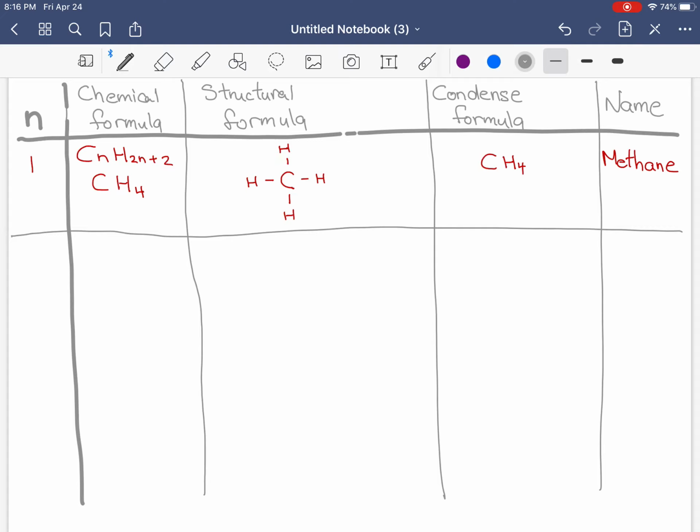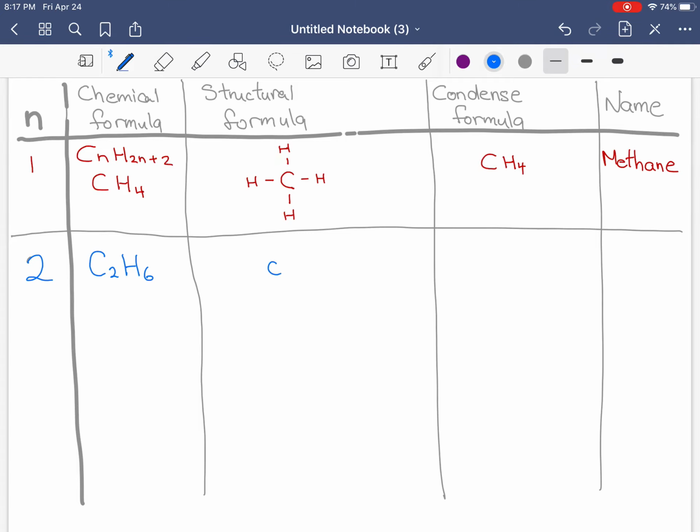Hopefully you're still with us. n equals 2. Following the mathematical formula, you would say, hey, that's C2H6. How would you draw this structurally?